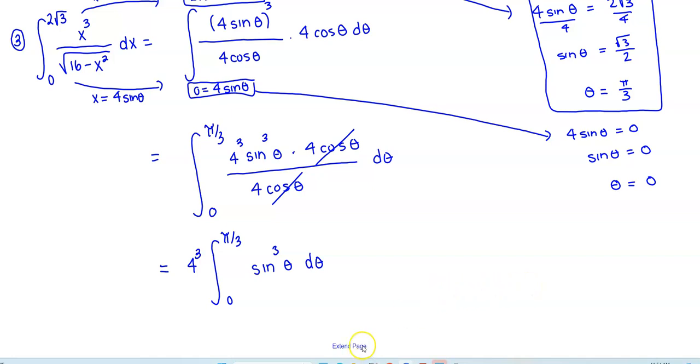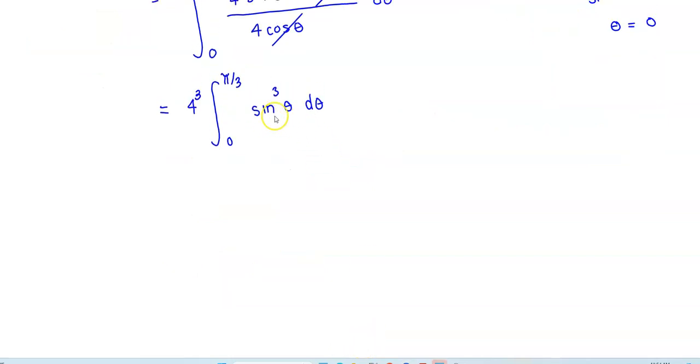So now what do we need to do? Well, we now need to factor sine cubed theta a little further. So we have 4 to the third power going from 0 to pi over 3. So we have sine squared theta times the sine of theta d theta.